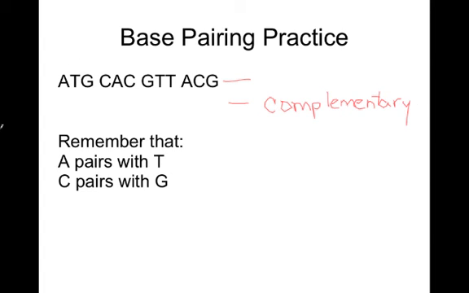Okay, so see if you can do that. Let's see, A is going to pair with what? T. Good. T pairs with A. G pairs with C. See how those are complementary? C pairs with G. A pairs with T. C pairs with G. Okay, see if you can finish the other ones on your own.